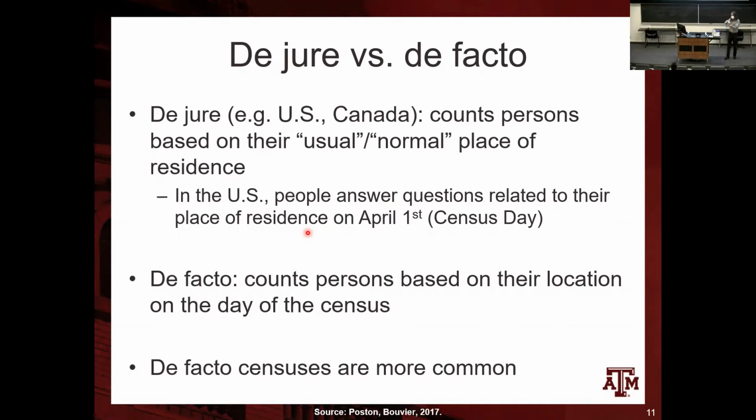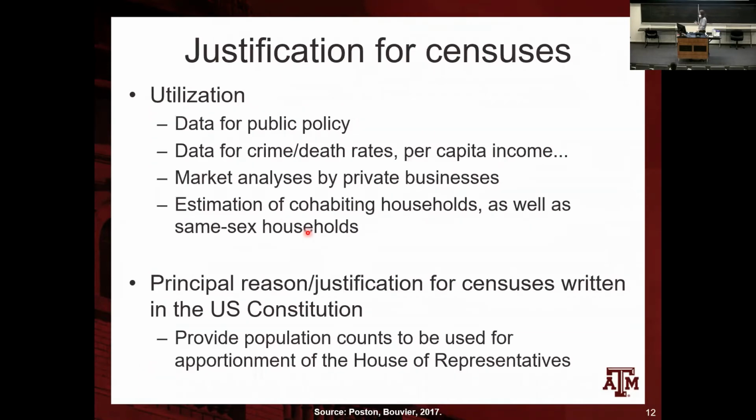It's not related to a specific, standardized date of reference, such as the census day in the US. So you have these differences in the way that you classify residents of the households that are counted in the questionnaire.